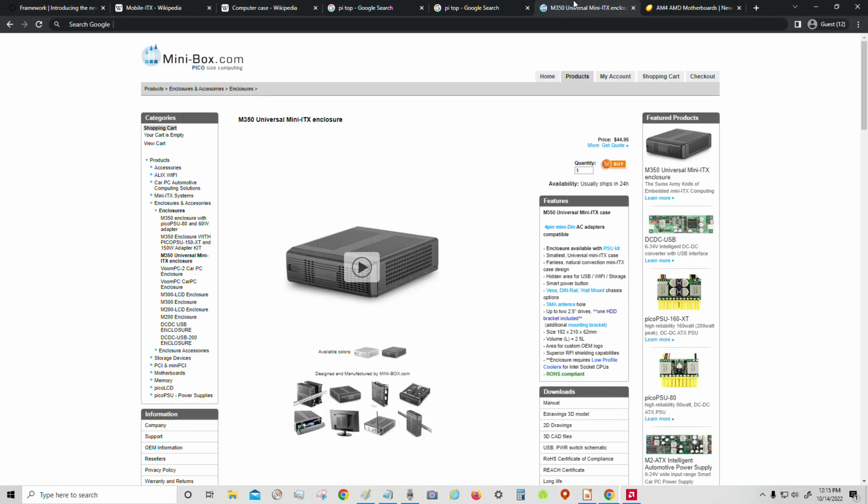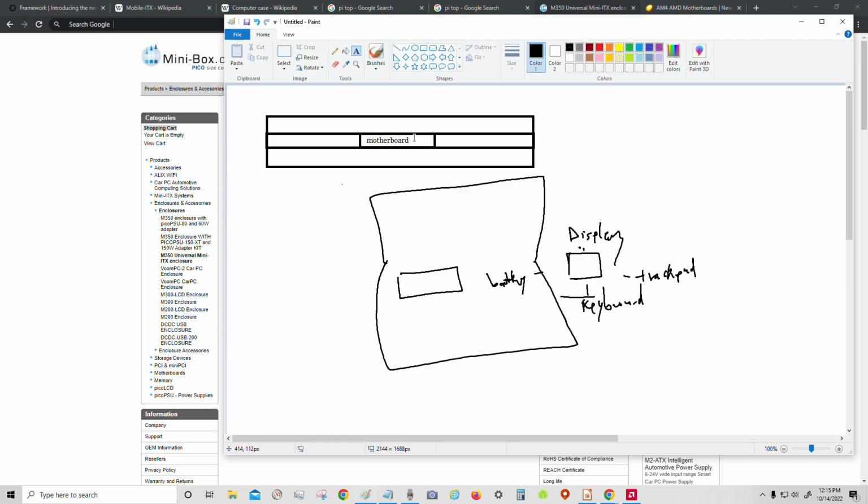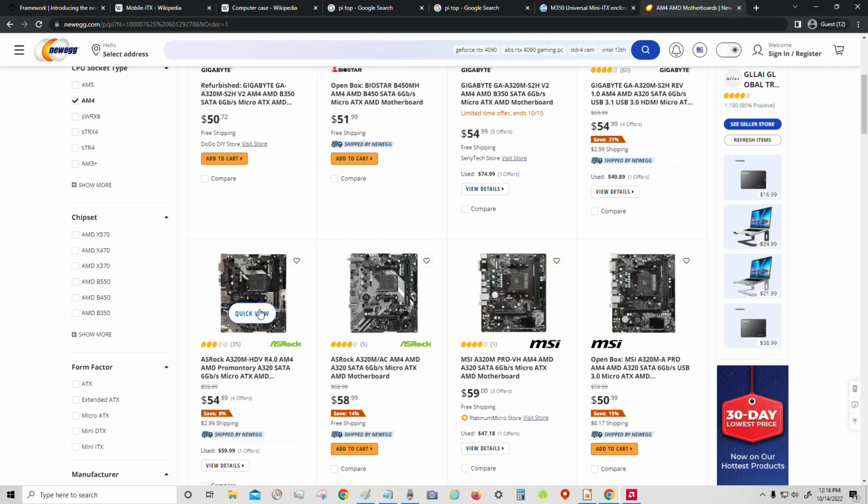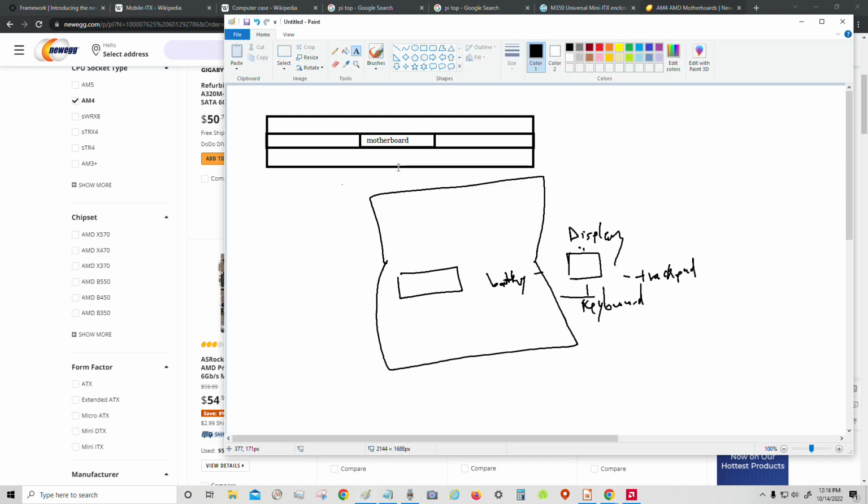So one alternative I'm looking into would be to focus on one component that could be standardized, and the first thing I thought of would be the motherboard. When you have a square or rectangular shape, it gives you a lot of flexibility, because you can fit that within a very well-defined area of your laptop.